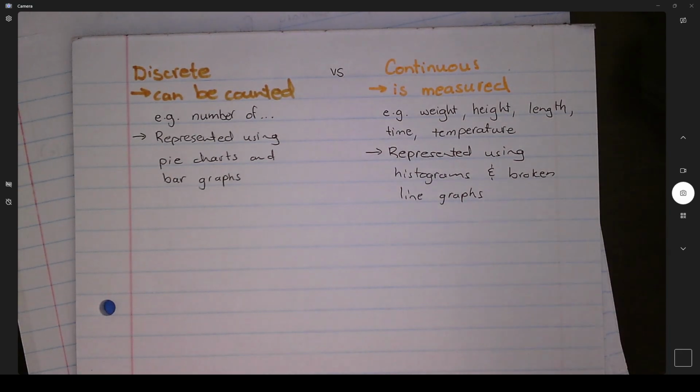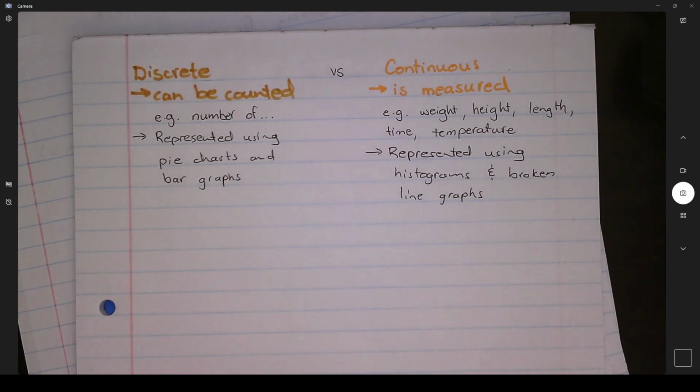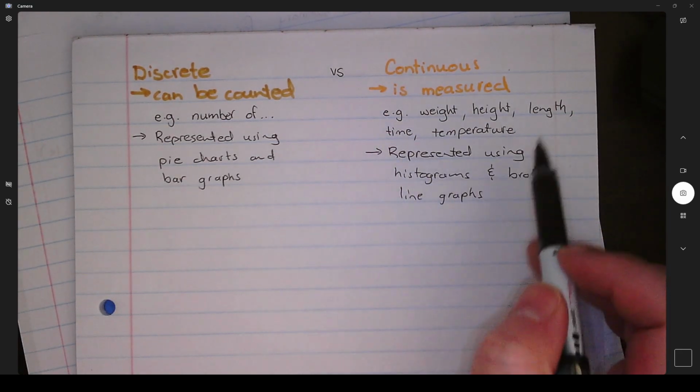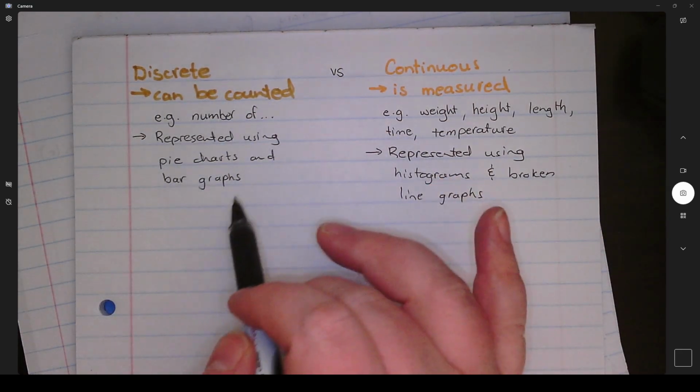Whereas continuous data is measured. This is a more abstract type of data: weight, height, distance, length, time, temperature, anything that can be measured. You can also say that this can be like fractions and decimal points, where discrete has to be whole numbers.